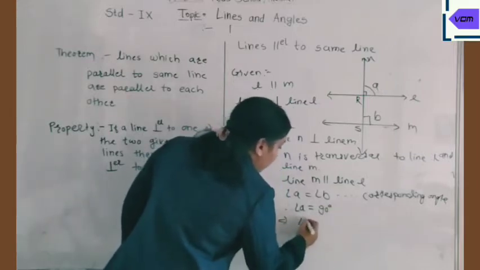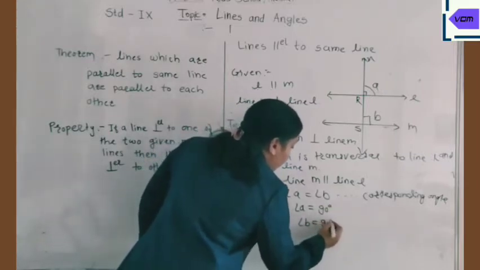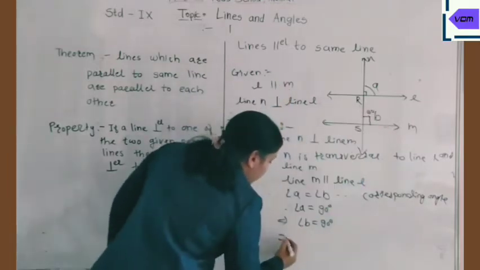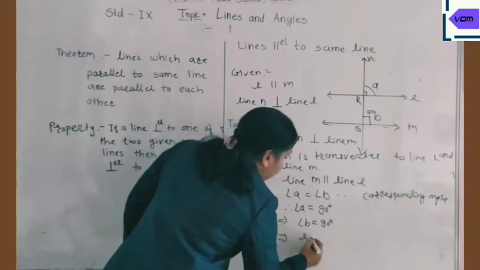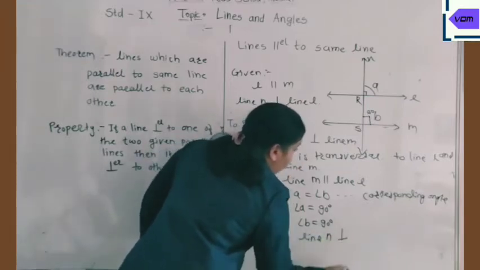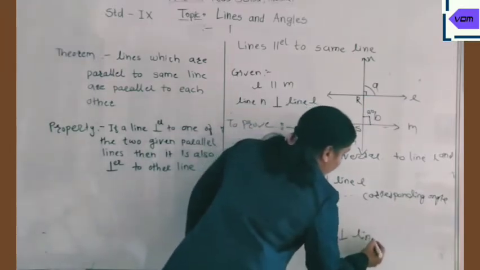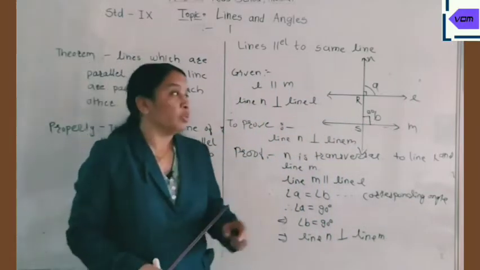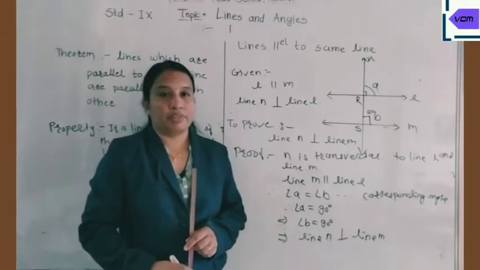This implies that angle B is also 90 degrees. So as this angle measures 90, this implies that line N is perpendicular to line M. So this property we are going to use. Now let us see some examples.